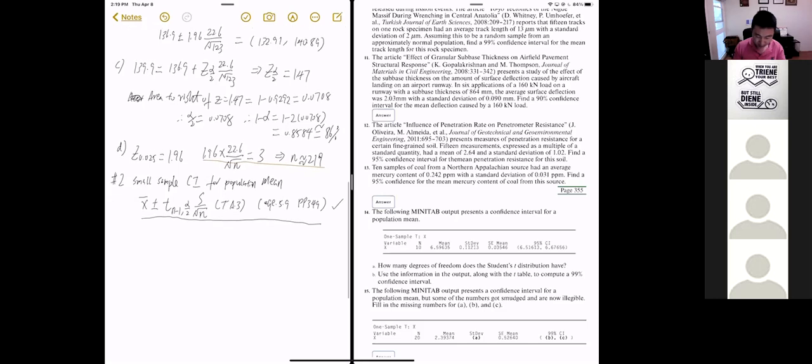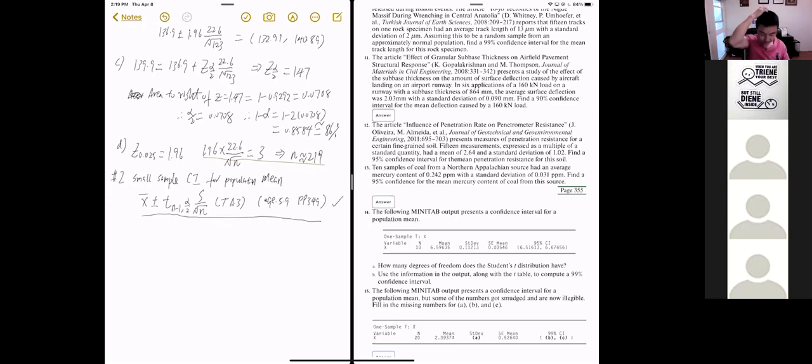So from there we know this is a small sample confidence interval for population mean, and we use this equation here.